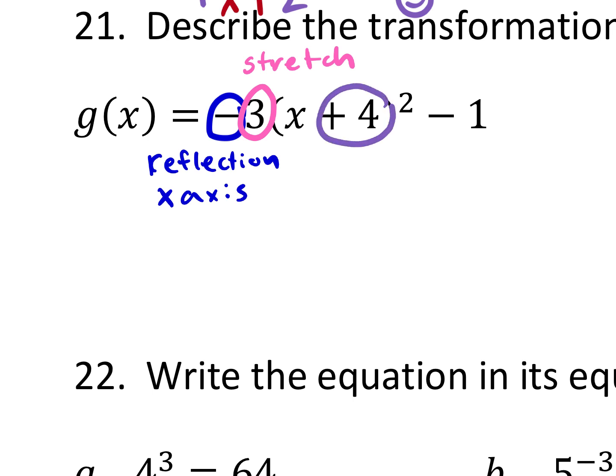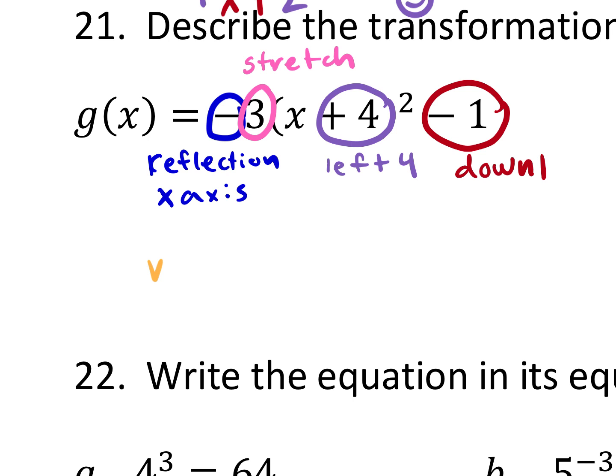What about when we add 4 on the inside? Left 4. And then when we subtract 1 on the outside? Down 1. One way to think about it is, what would my vertex be?